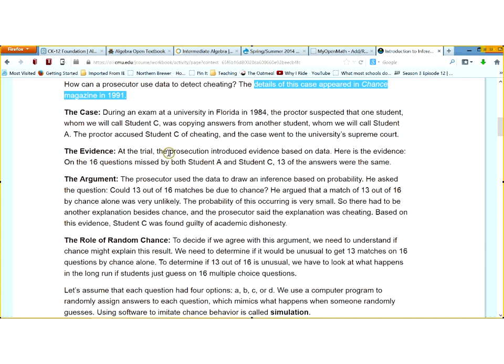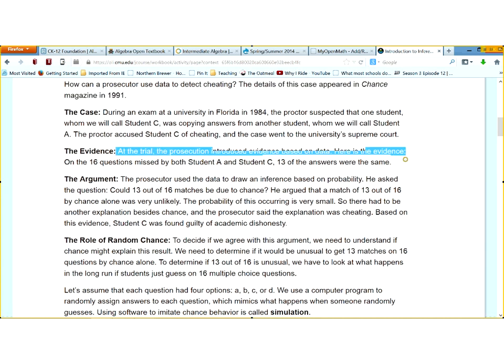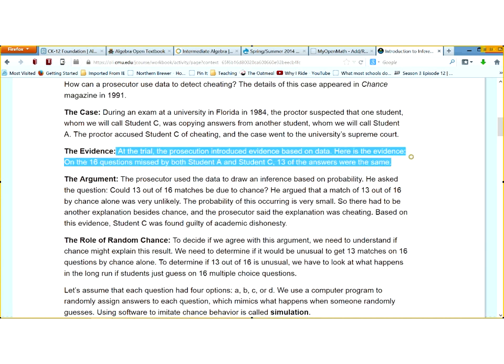At the trial, this is important, the prosecution introduced evidence based on data. So they missed 16 questions. I assume this was multiple choice. And on 13 of those questions, their answers were the same. And then the prosecutor used data to draw an inference based on probability.